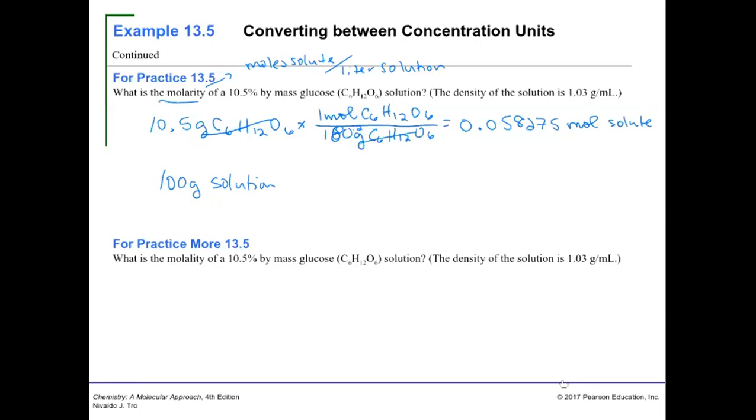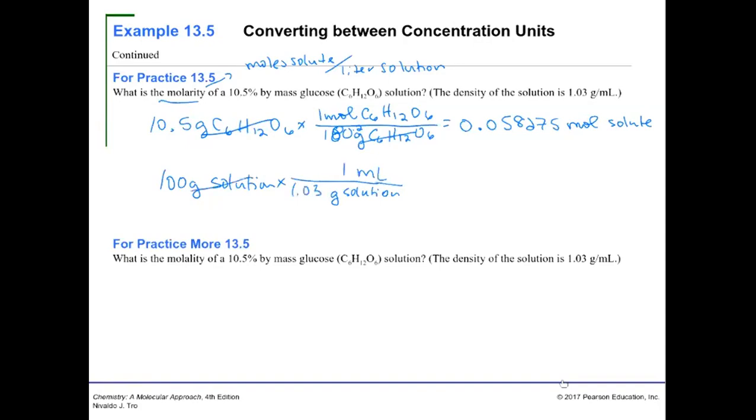On the bottom, we need to find the liters of solution. Right now we have the grams of solution. So we can use the density to turn our grams of solution. We need to get to volume. So our density is 1.03 grams, goes with 1 milliliter.